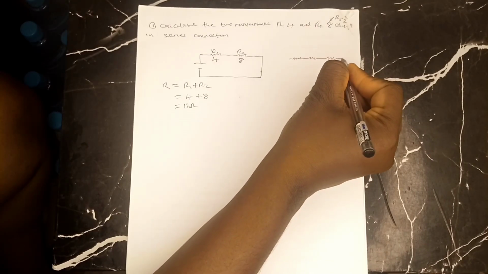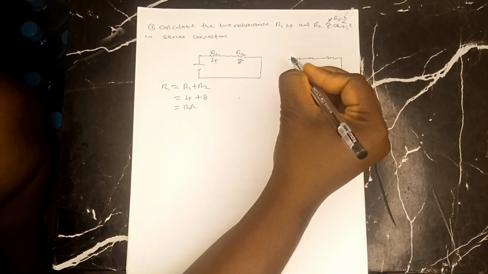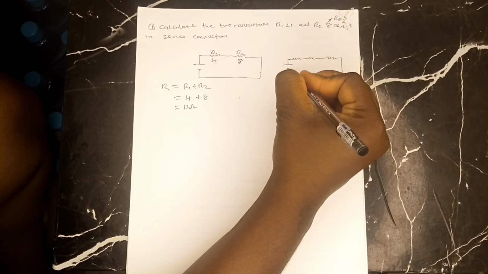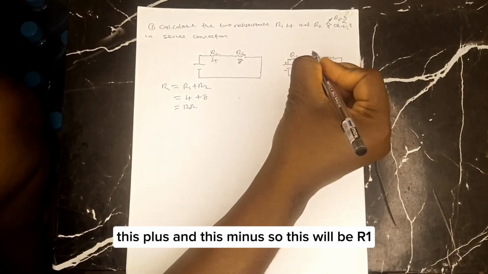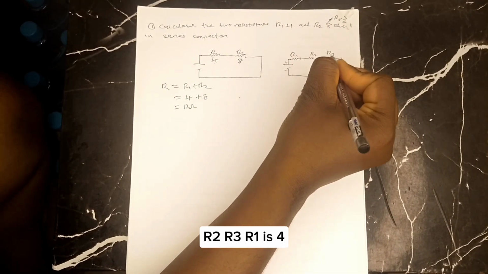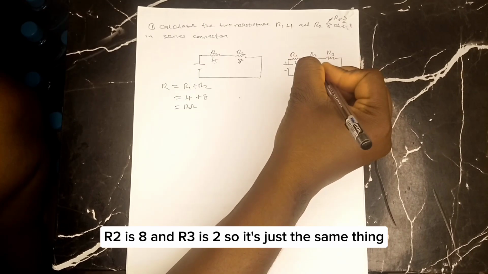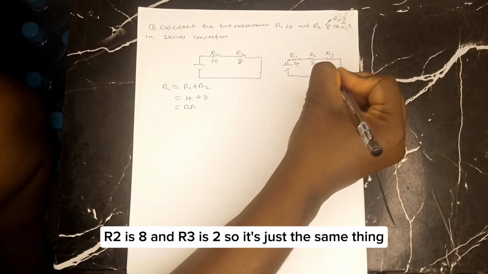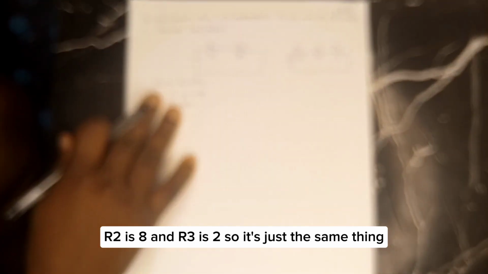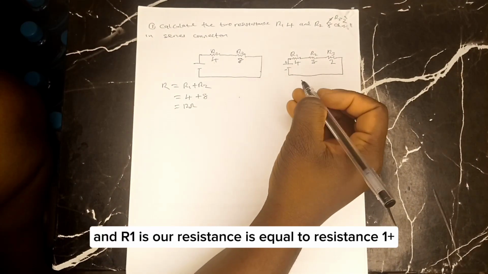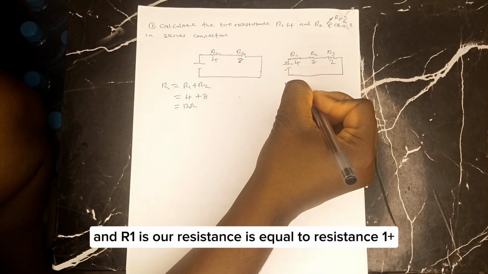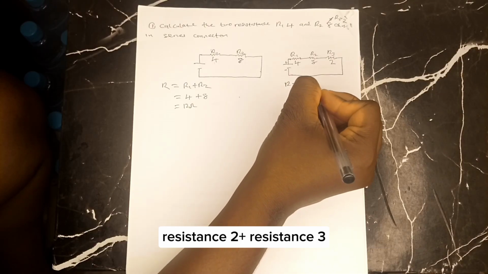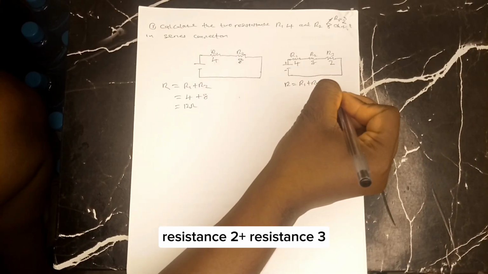This plus and this minus. So this will be R1, R2, R3. R1 is 4, R2 is 8, and R3 is 2. So it's just the same thing. Our resistance is equal to resistance 1 plus resistance 2 plus resistance 3.